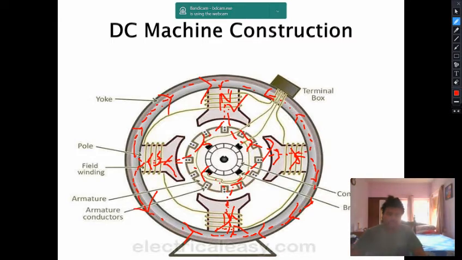You see how the yoke is providing the path for the lines of force. So this is all about the yoke.